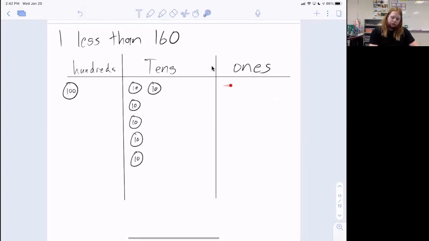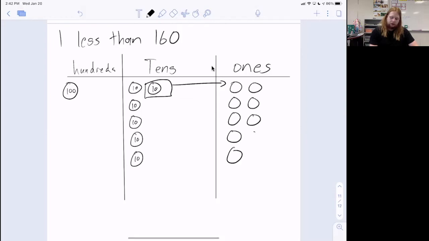Okay, let's take away a 1. Oh, wait, we can't. We don't have any ones. What do we need to do? We need to exchange a 10 for how many ones? 10. 1, 2, 3, 4, 5, 6, 7, 8, 9, and 10.